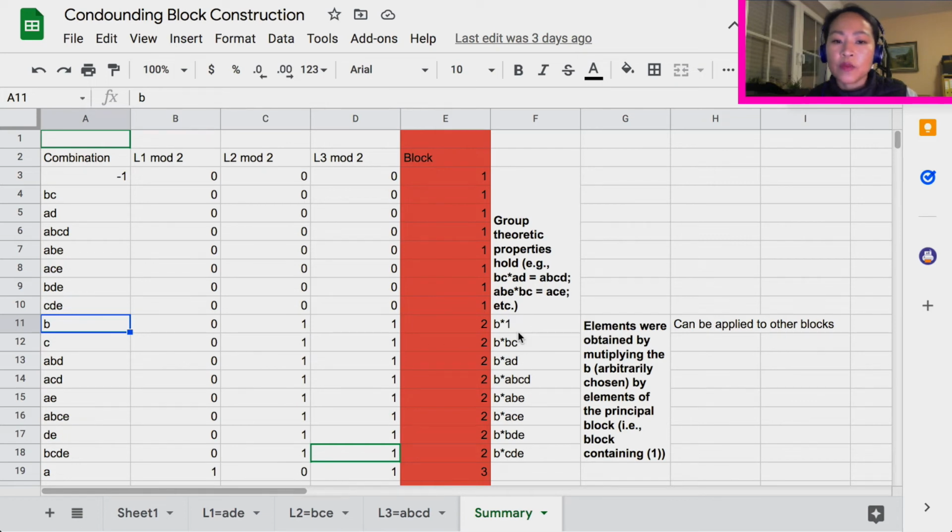B times BC would be B squared C, so that would just be C. Now AD times B would be ABD, ABCD times B is just ACD, and so on.